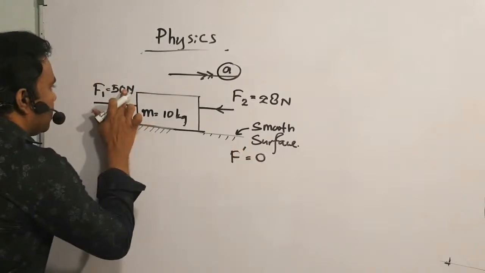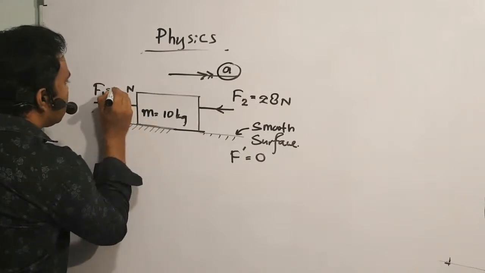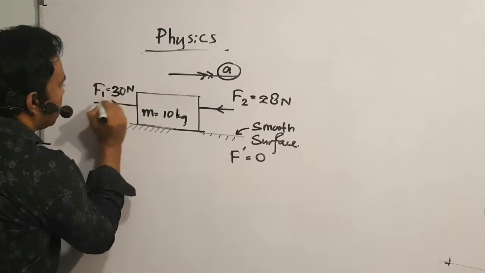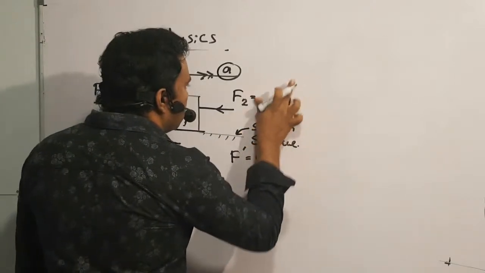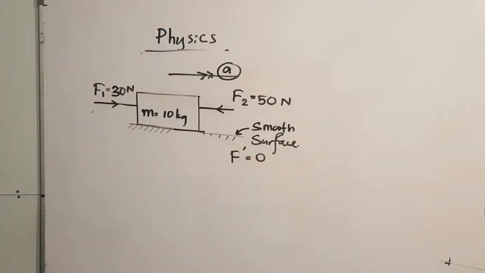I'll change this a little. So now that's 30. That's 30. So this one is 50. Okay, good.